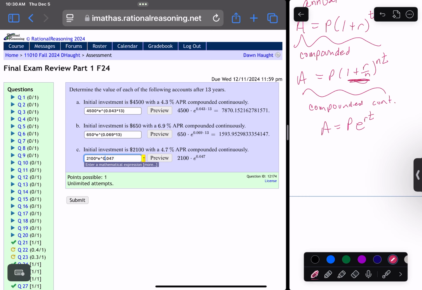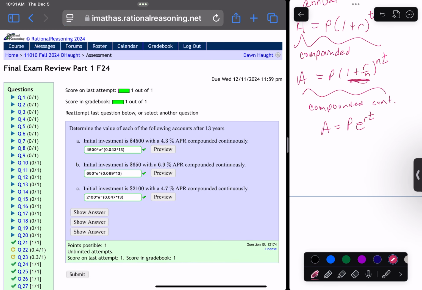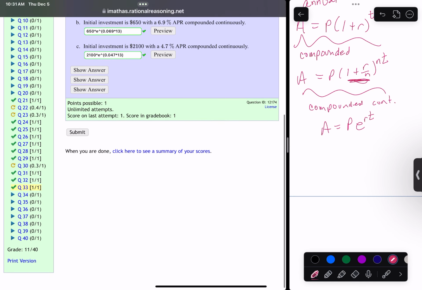Let's put that in parentheses so we can multiply it by 13. So the compounded continuously formula is probably easier than the others. You just plop that information in, but we only use it when they use the word compounded continuously. Okay, so that's actually a pretty nice formula.